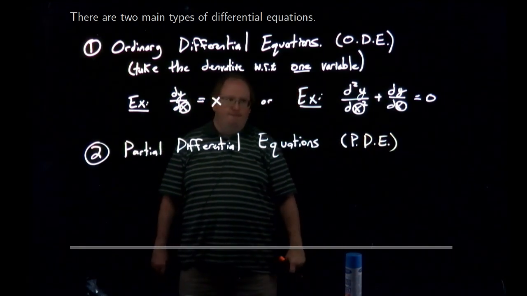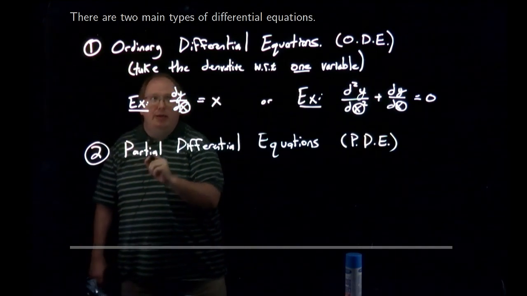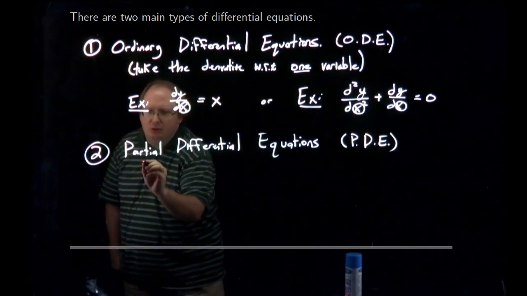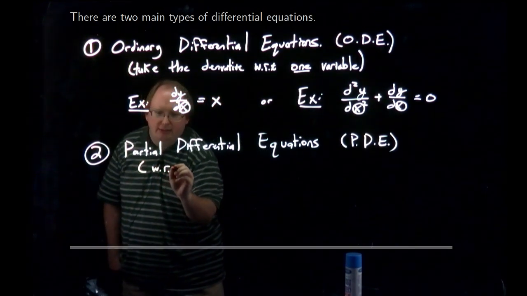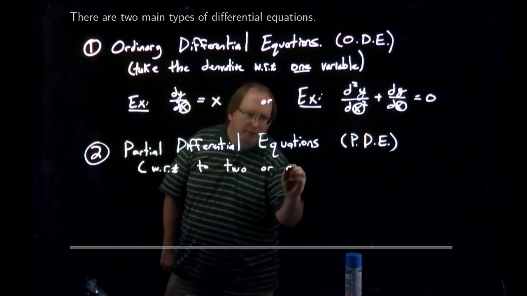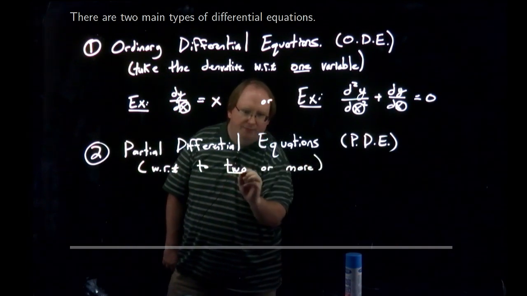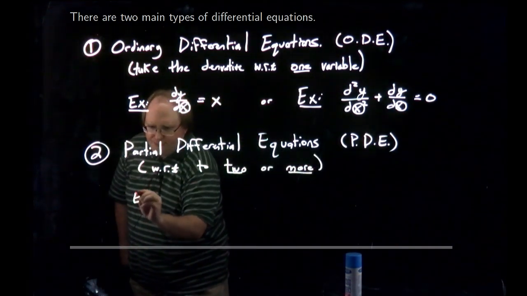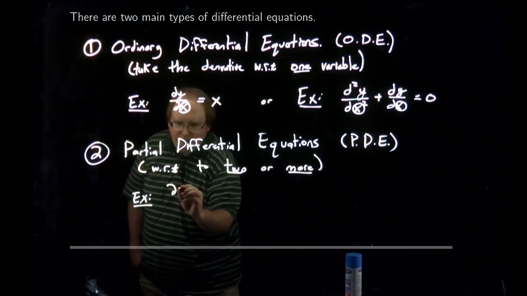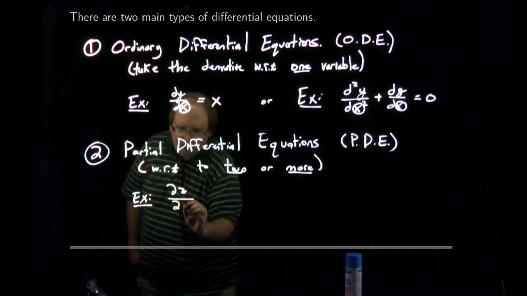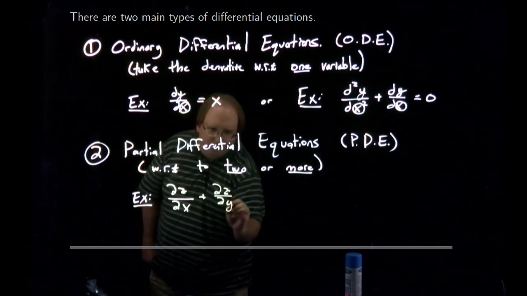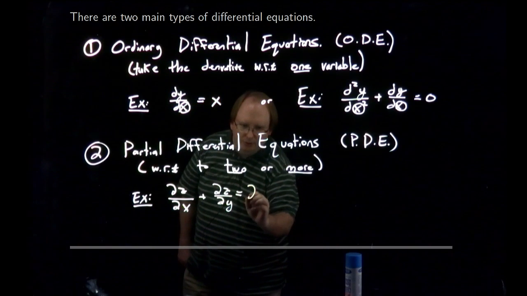All right. An example of that would be when you take the derivative with respect to two or more. So for example, if I have something like the partial of z with respect to x plus the partial of z with respect to y is equal to 2.